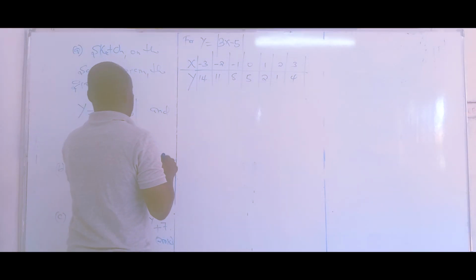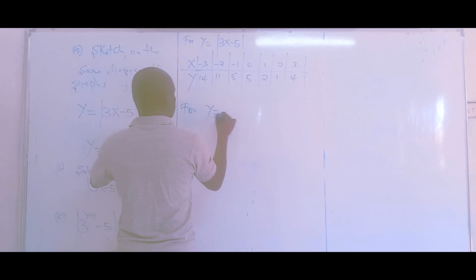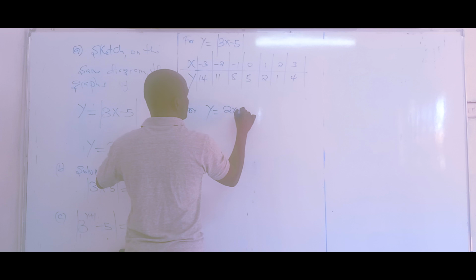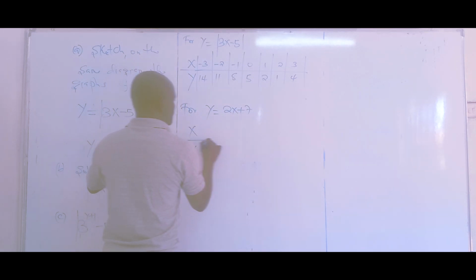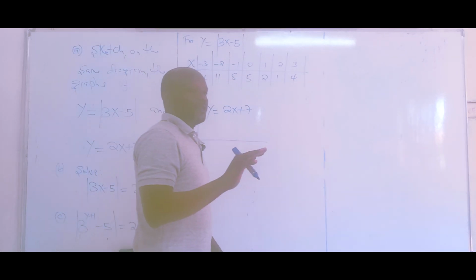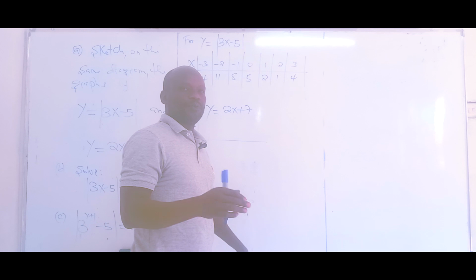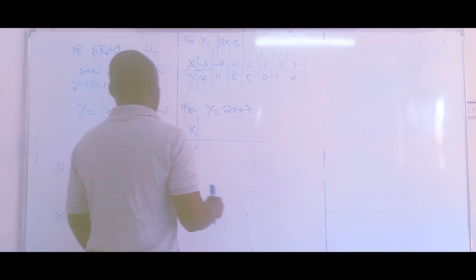Then for y is equal to 2x plus 7, my grid again will be, and in drawing curves, grid is very important. Whenever you want to start drawing a curve, once you have its equation, please first specify the grid. That will help you see how the curve flows.